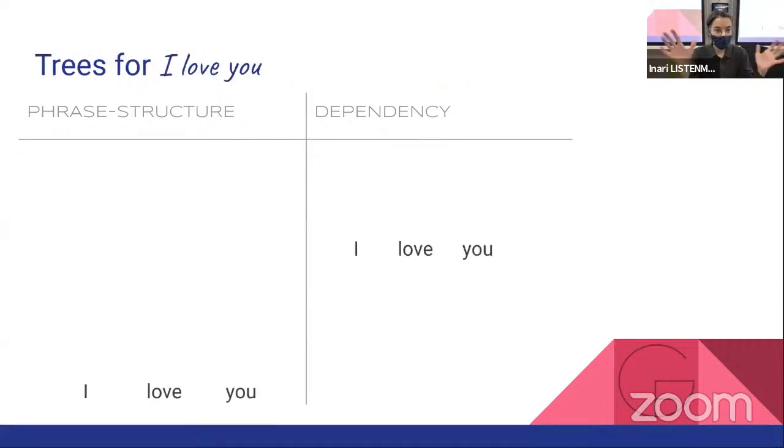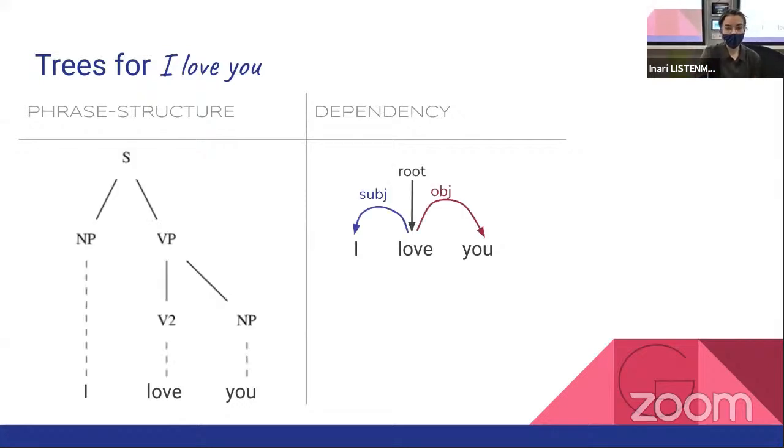Let's take the whole sentence now. I love you. So again, we have the phrase structure tree. First, we build a verb phrase, and then from that verb phrase and the noun phrase, we build an S. But the dependency tree is still just, well, there are now two arcs, two relations.